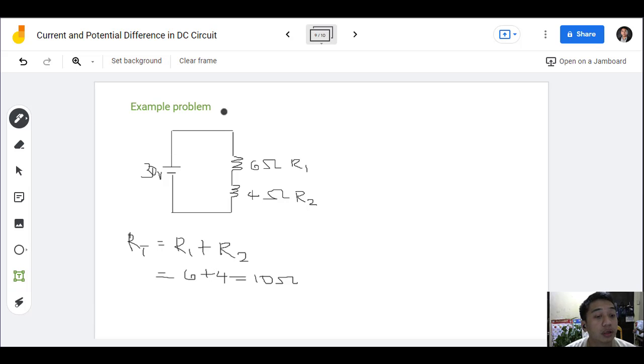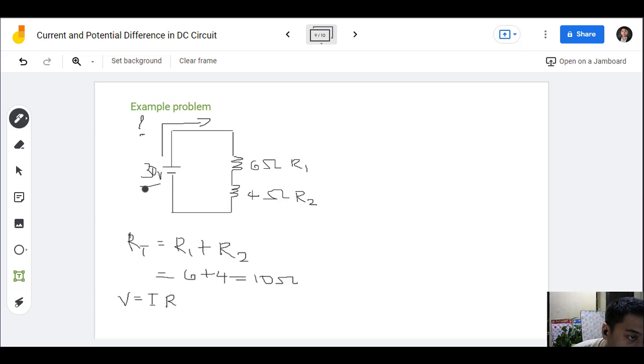Now, let us identify what is the current flow, the current that flows within the 6 ohms resistor and the 4 ohms resistor. To find the current flow, let us use Ohm's law. Kanina we recalled Ohm's law.